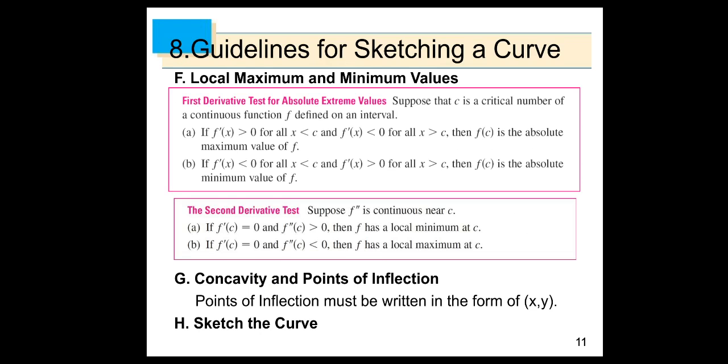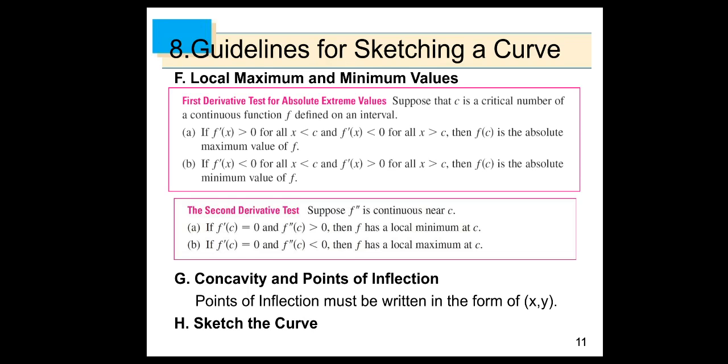Then we have the local maximum and minimum values. These are for the first derivative test and the second derivative test. In the second derivative test, suppose we have the double derivative of f continuous near our point c.